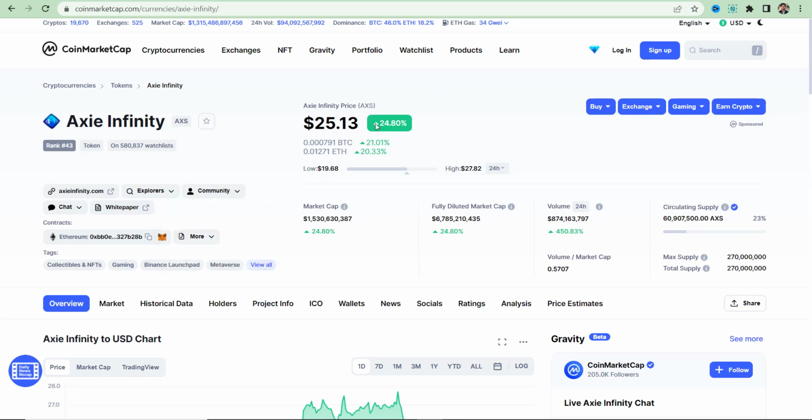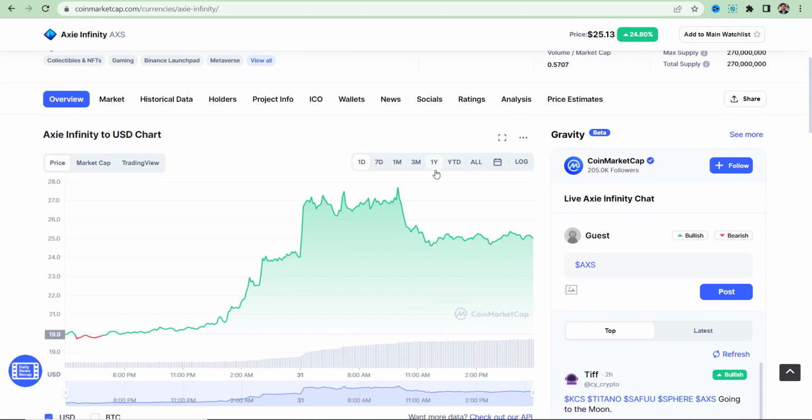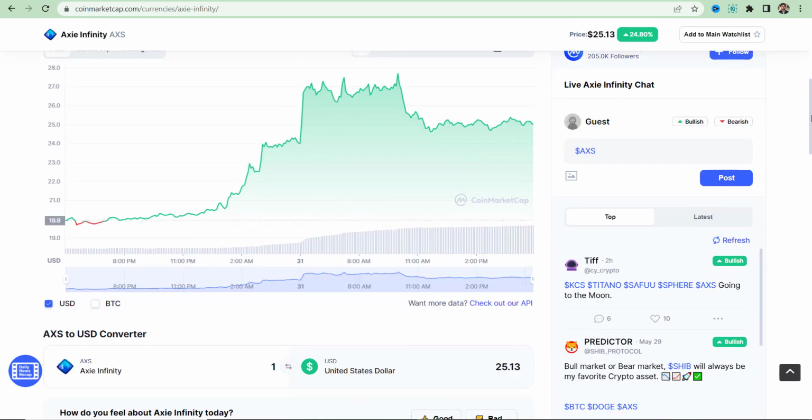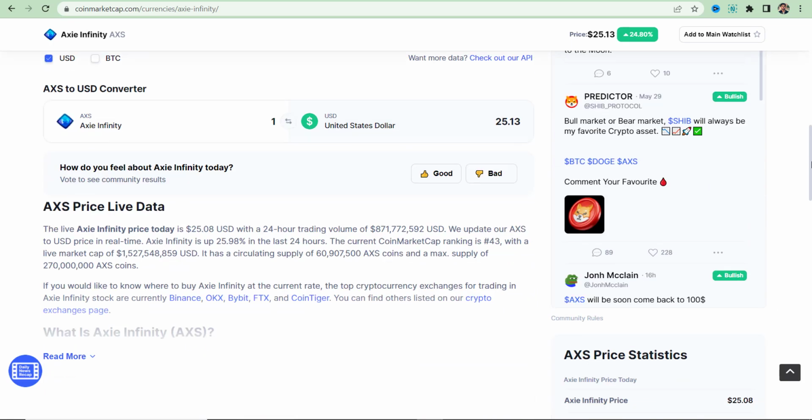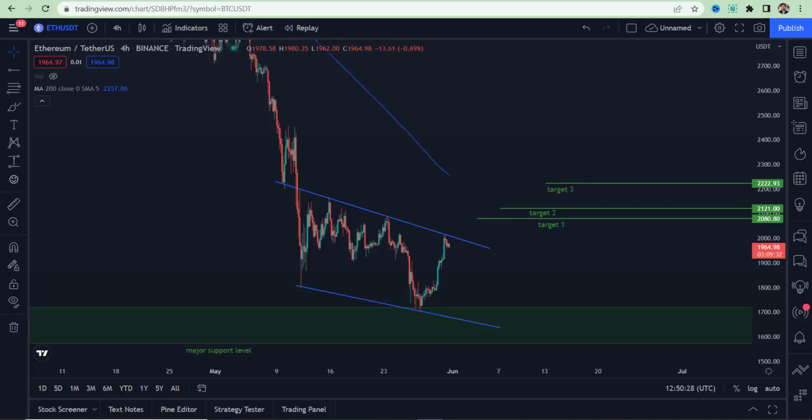There has been a 24% rise in the last 24 hours in Axie Infinity, which has brought Axie to today's trends. So let's analyze Axie Infinity and see what's going on.